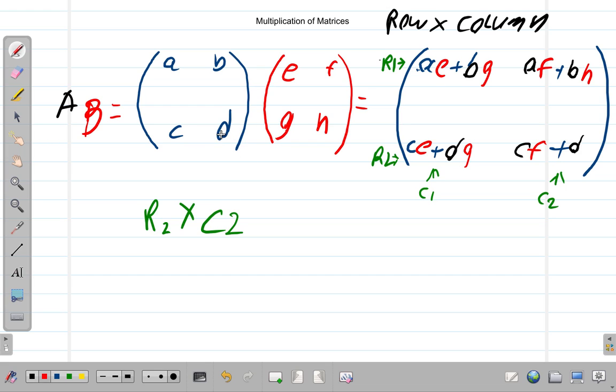D times the second element in column 2 is H. And there you have your matrix that results from multiplying A and B.